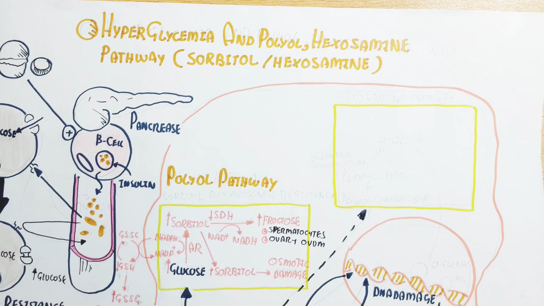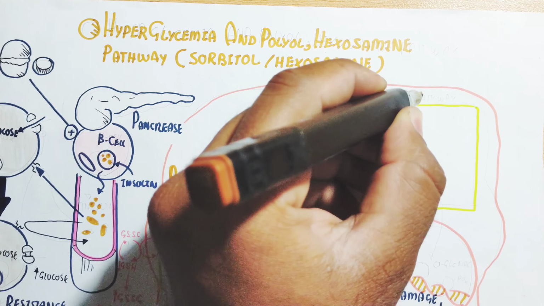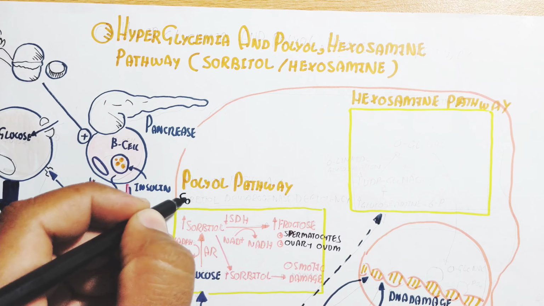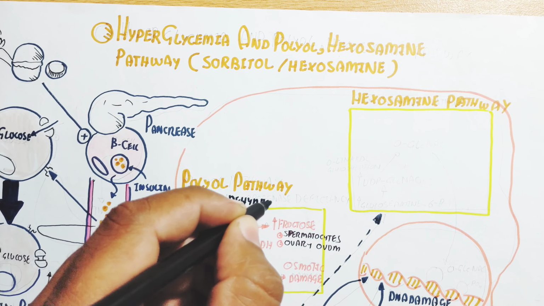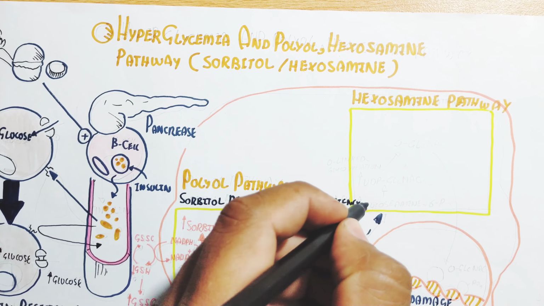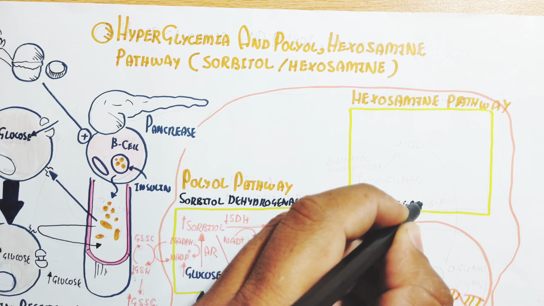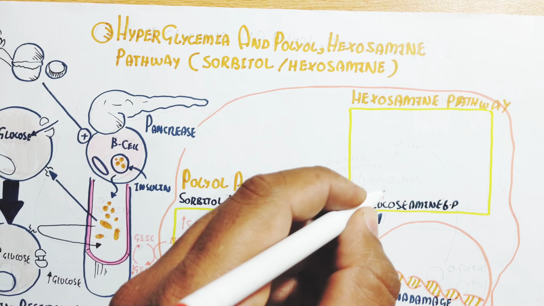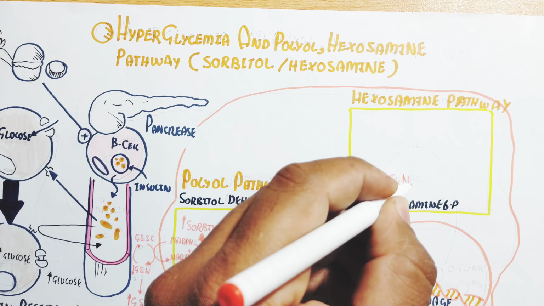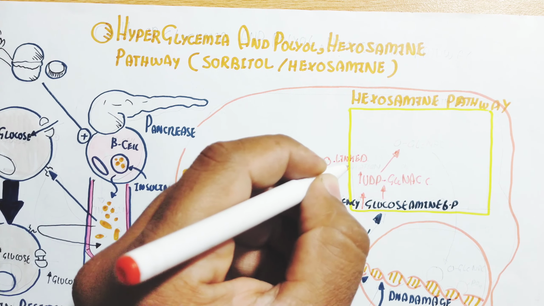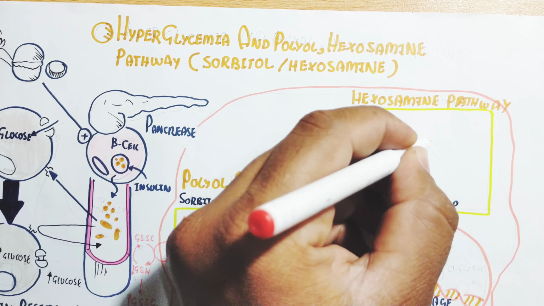On the other hand, the hexosamine pathway also occurs, which also damages the DNA, through an increase of glucosamine 6-phosphate. This is converted into UDP-N-acetylglucosamine, which increases, and O-linked glycosylation occurs.